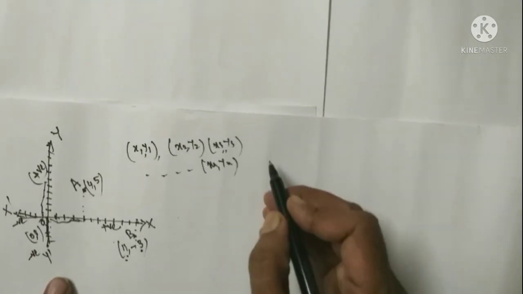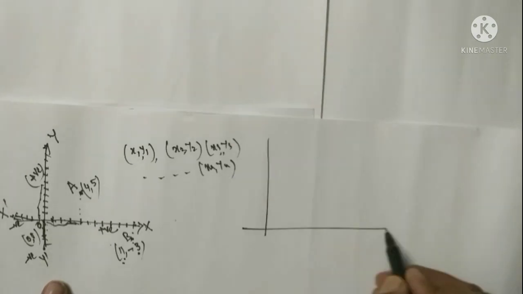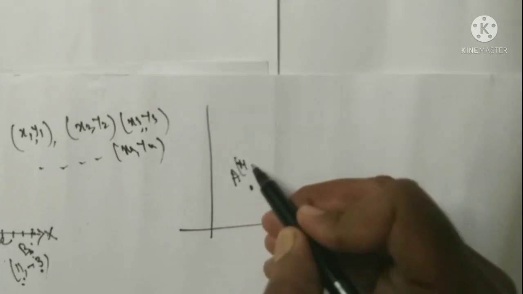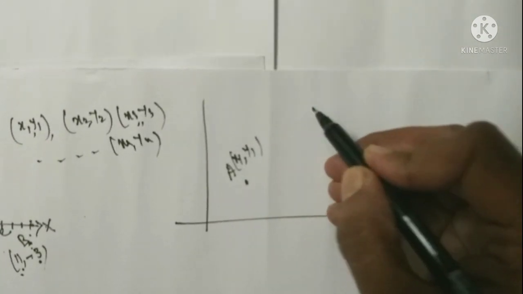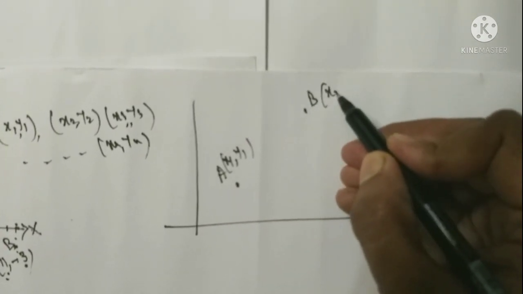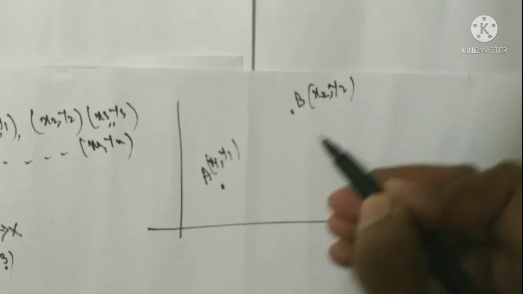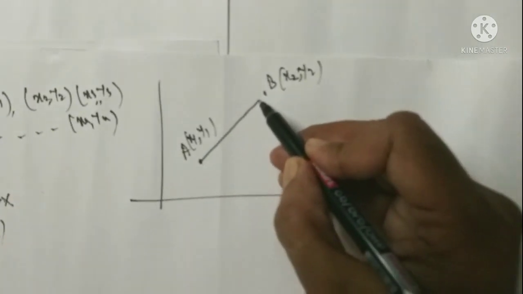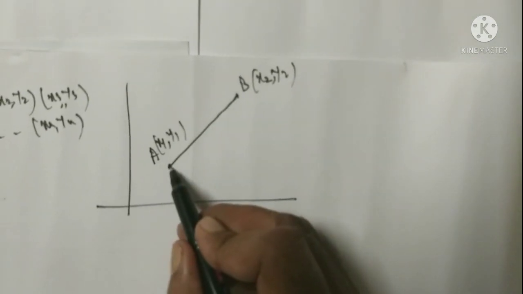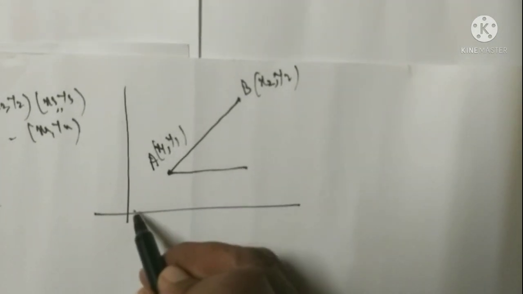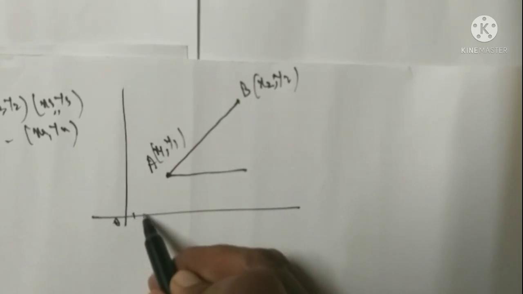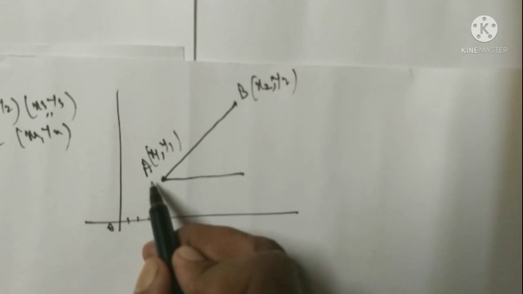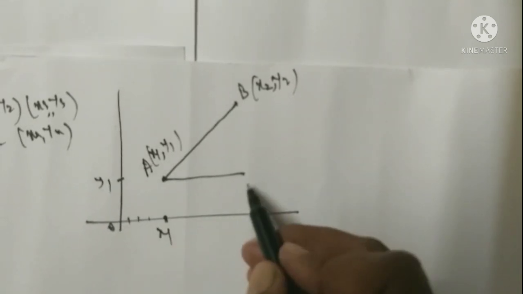Now to determine the slope, suppose this point is A, x1, y1, and this point is B, x2, y2, and I want to find out the slope of this line. Firstly, we count from the origin 1, 2, 3, 4, x1, this is the x1 point, and this is the y1 point.